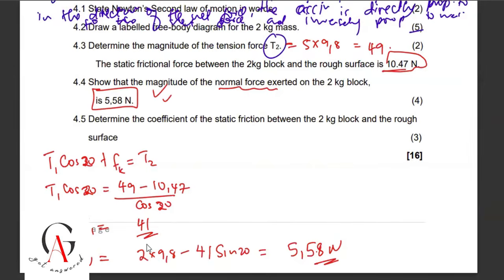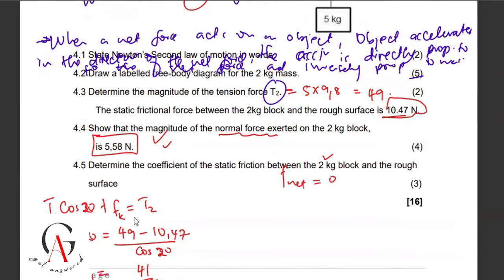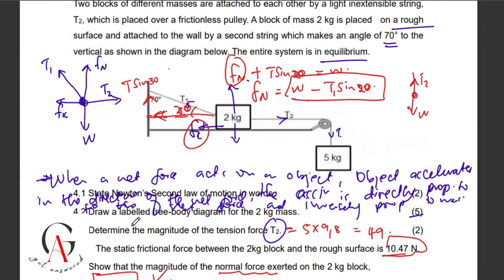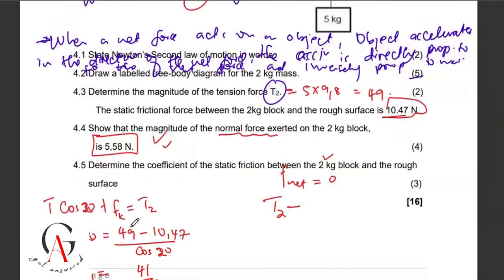And they want us to determine the coefficient of static friction between the 2 kg and the rough surface. So we need to get the frictional force. We know that F net is equal to 0 since the system is not moving. So if we have our T2 minus the T1 cos of 20 minus the Fk should give us 0.